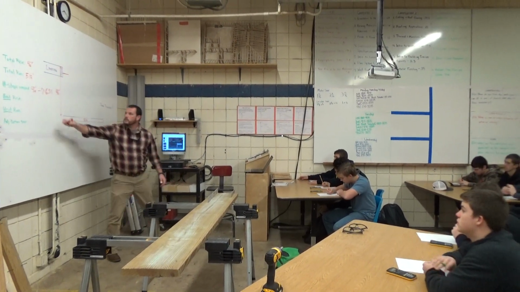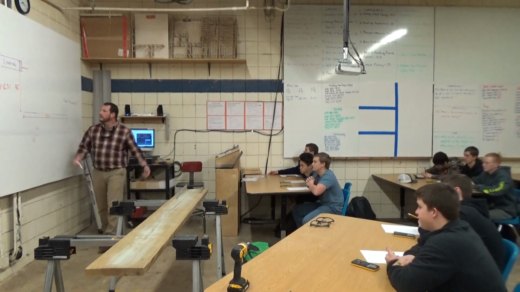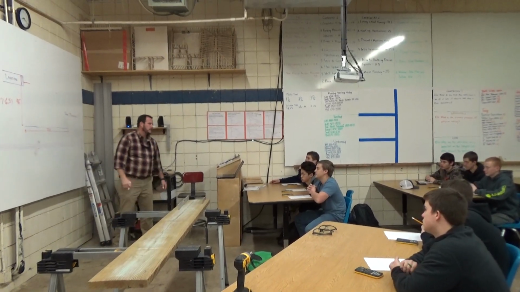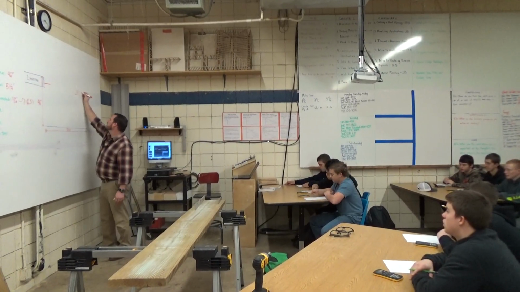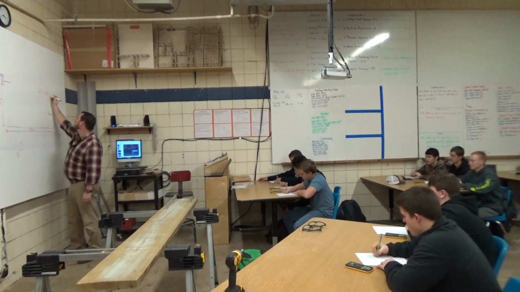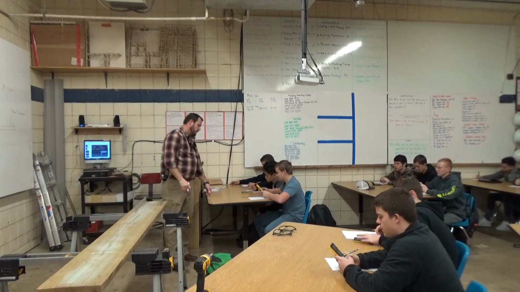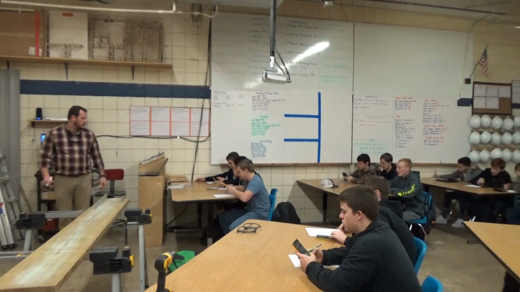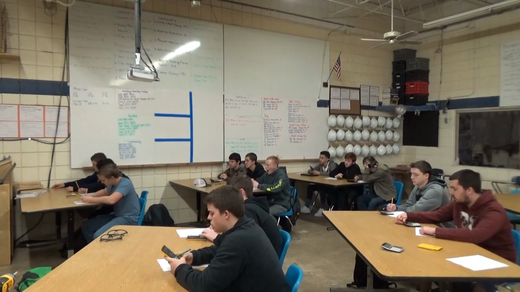6.57. Where's 0.57 on a tape measure? Anybody know? No. Here's how we're going to figure that out. How many parts is an inch broken down into? 16 parts, right? So we're going to take 0.57 times 16 equals... type it in. What do you get? 9.12.